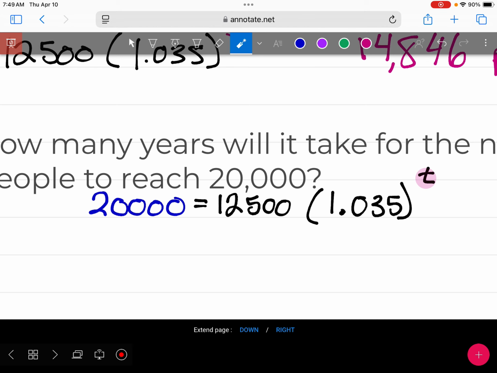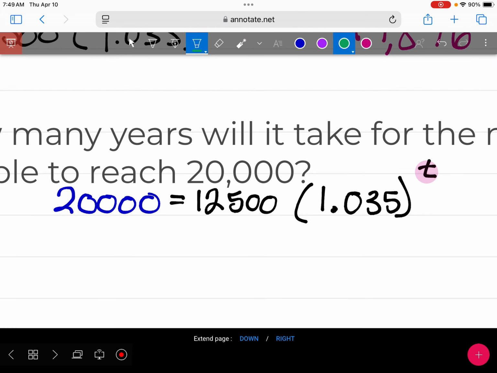We need to move the 12,500, but we can't subtract it because there's not a plus here. Divide, because they're being multiplied right here. So we're going to divide both sides by 12,500, because then that guy cancels out over here.